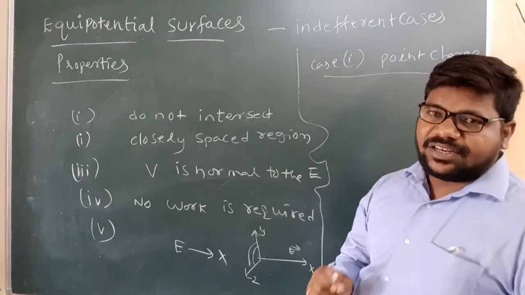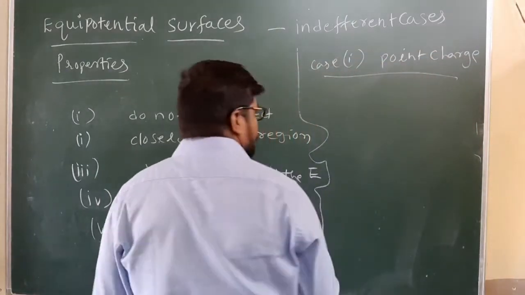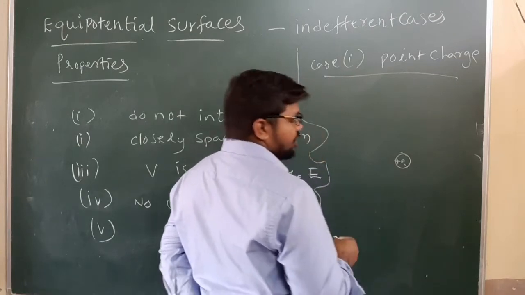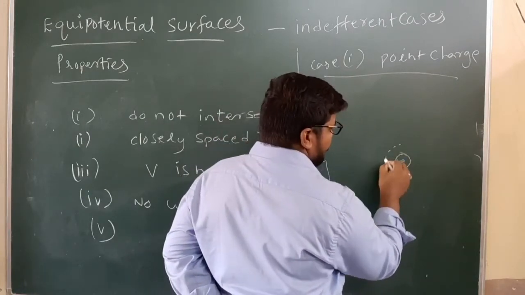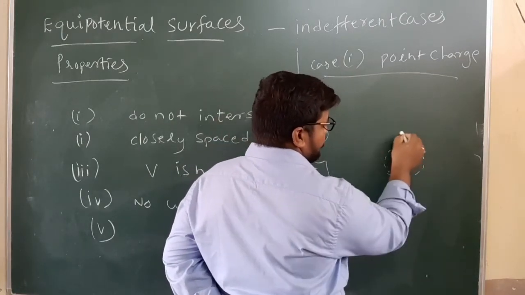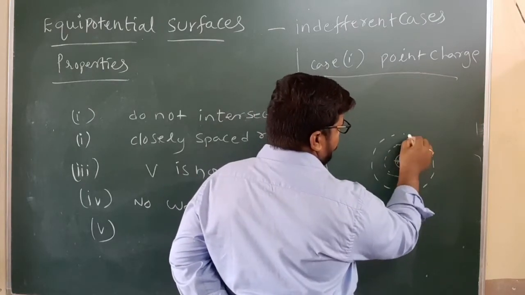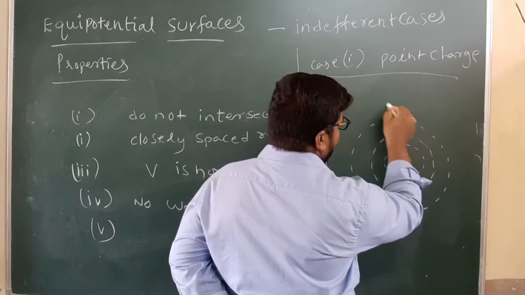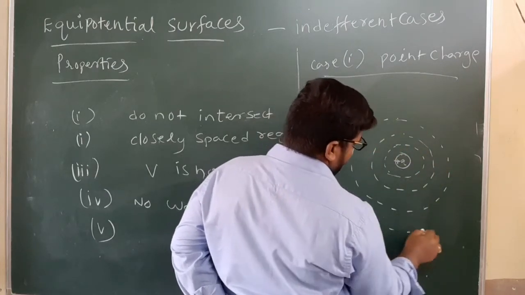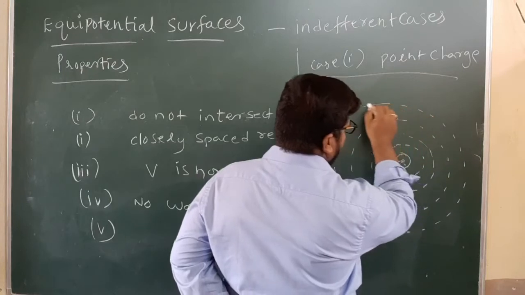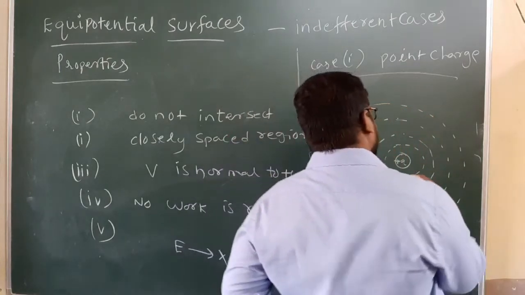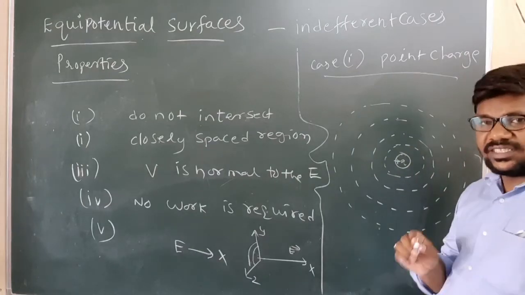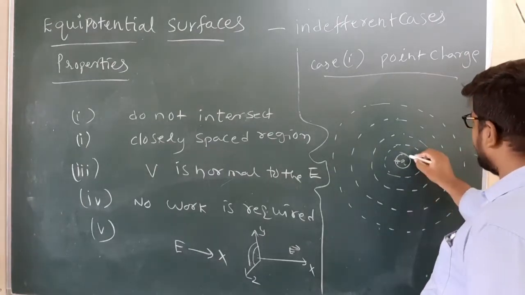Suppose you take a test positive charge Q. These are the equipotential surfaces 1, 2, 3, 4. See here, at any surface the potential is the same, so we say equipotential surface.